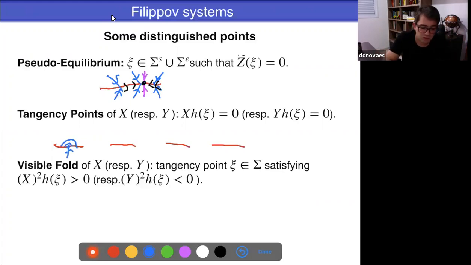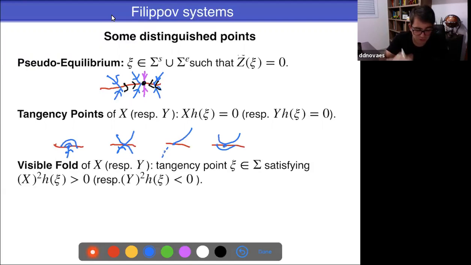Okay, so here it's transversal for y, and it's a contact for x. Here's a contact on both sides. This contact could be cubic or of even order, for instance. Okay.